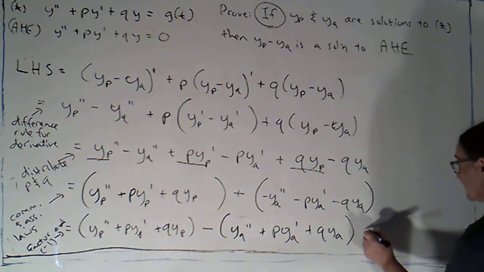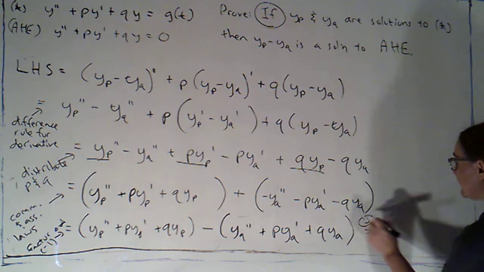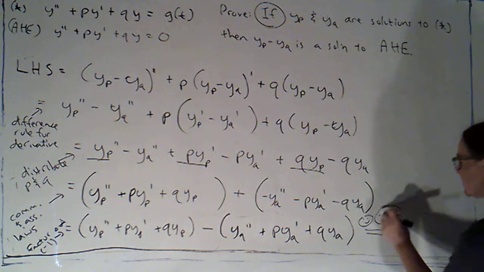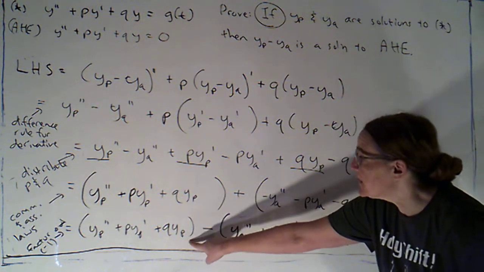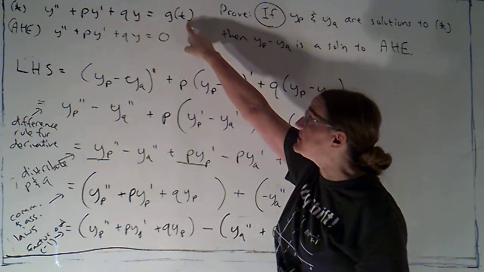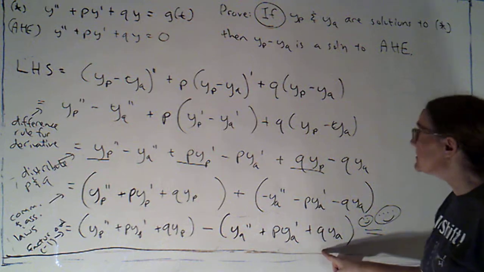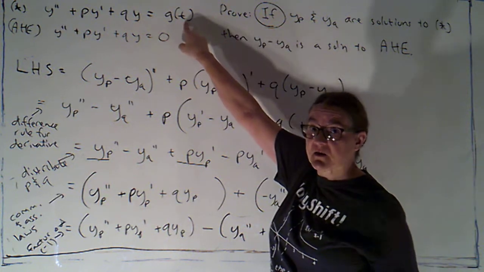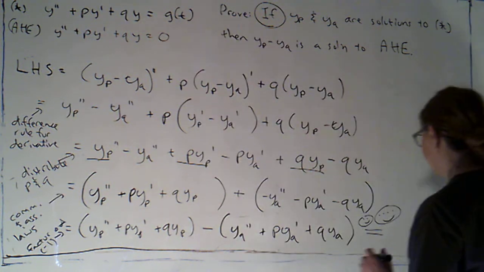But now I can say by smiley face and monster, I knew what this was equal to. That was equal to g of t because yp was a solution to star. This was also equal to g of t because yq was a solution to star.